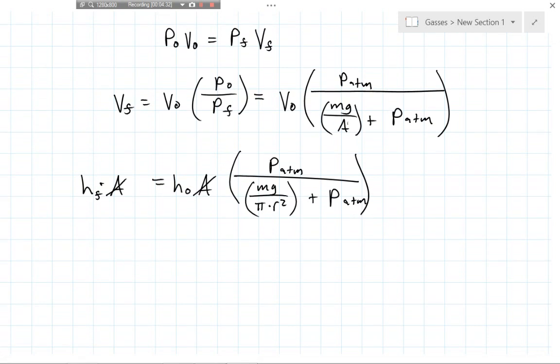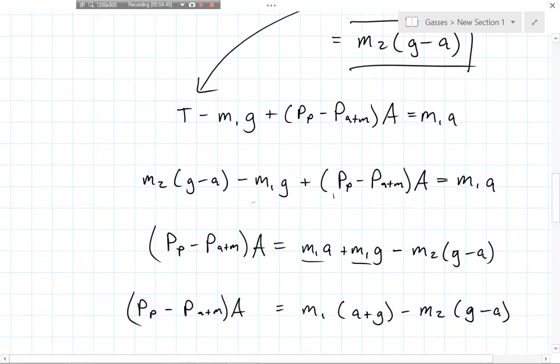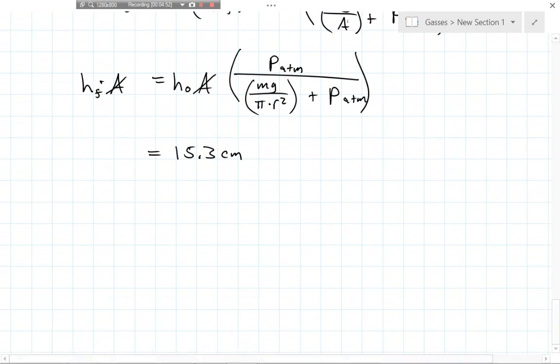So now all I need to do is plug all the numbers into this. If I plug all the numbers into this, I'll see that the final height is going to be equal to 15.3 centimeters. Initially we're told that the height of the container was 20 centimeters. Oh, I didn't write it down, but the initial height of the container was 20 centimeters.